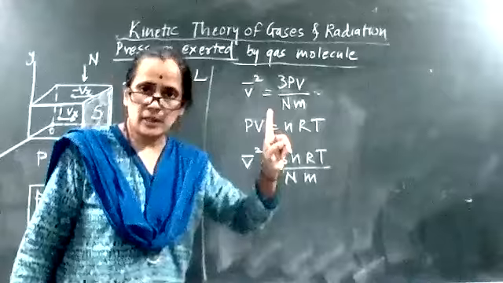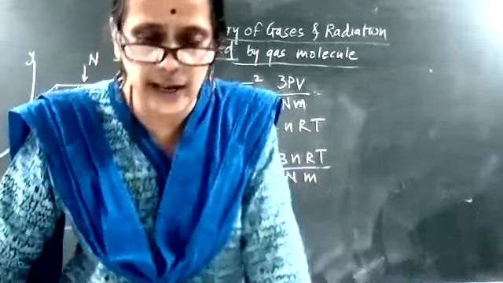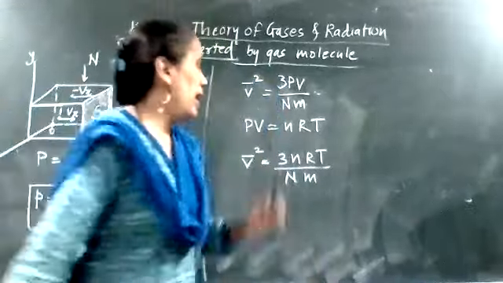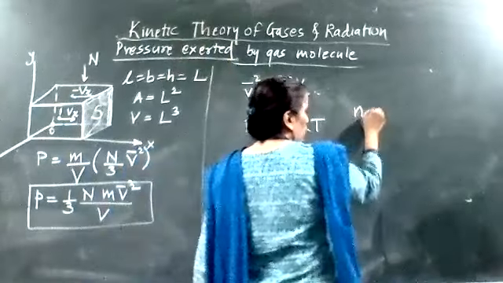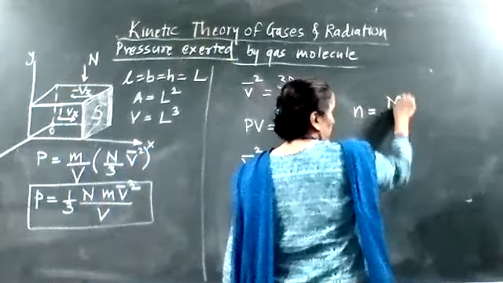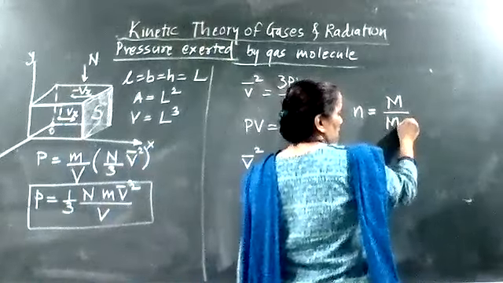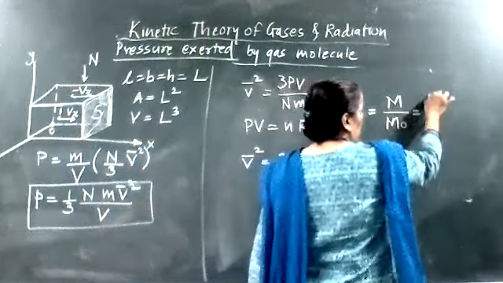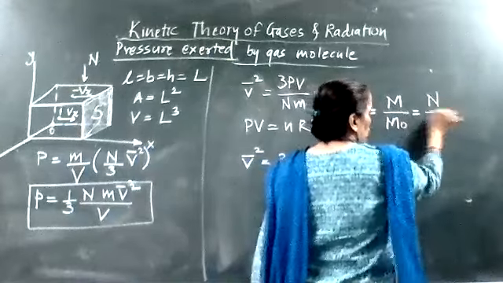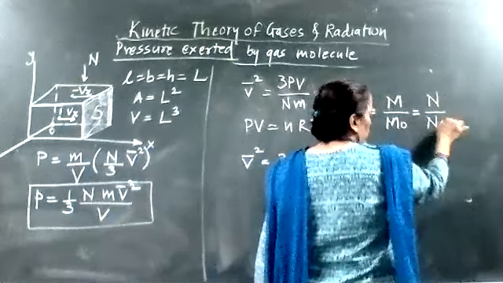n is nothing but the number of moles of gas. I have already given that formula. Number of moles of gas is capital M divided by molar mass, or it is equal to the total number of gas molecules divided by Avogadro's number.